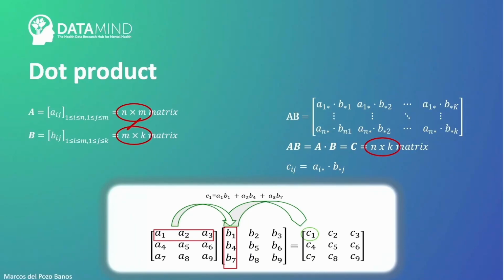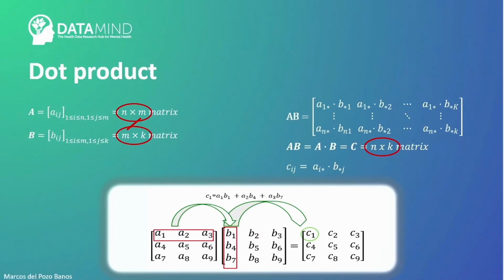And of course, that means that the dimensions now are a little bit different. So as we saw, when we multiply two matrices using the dot product, the second dimension of the left-hand side matrix should be equal to the first dimension of the right-hand side matrix. So that m equals m in the slide that I'm highlighting there.